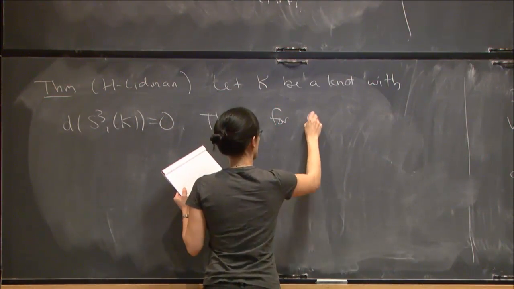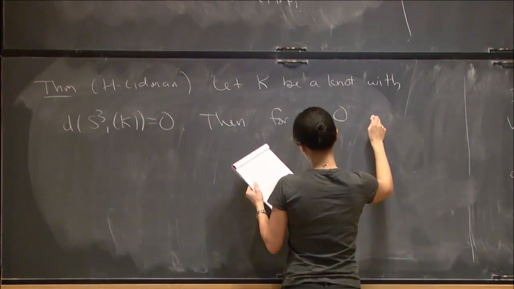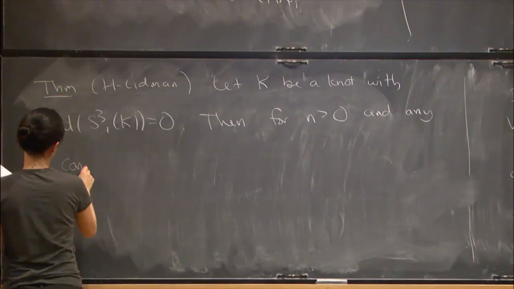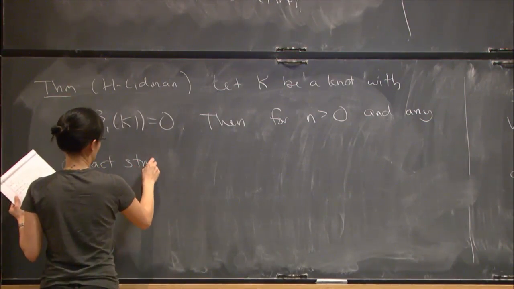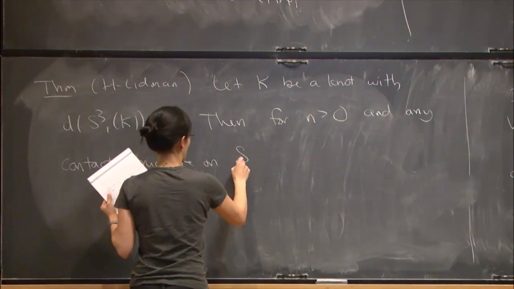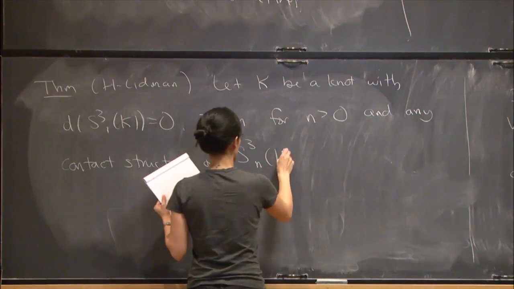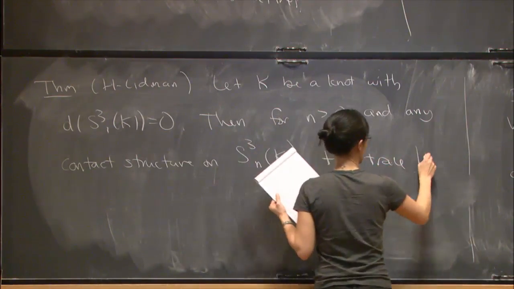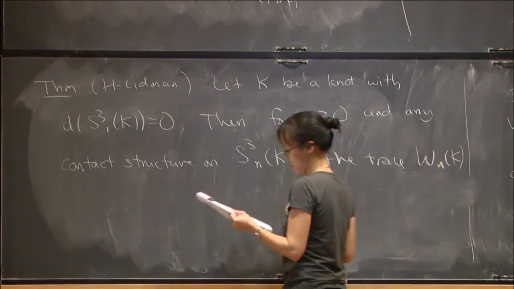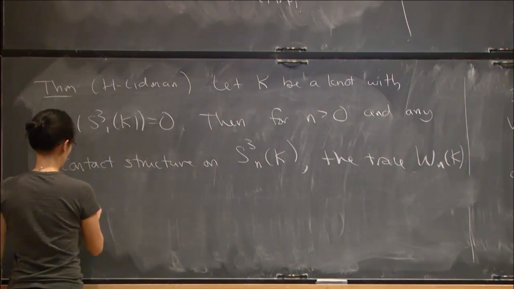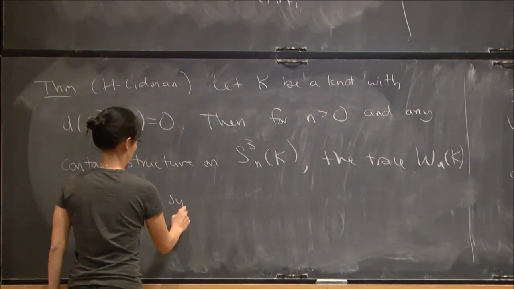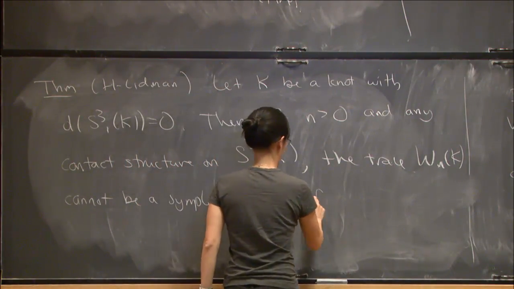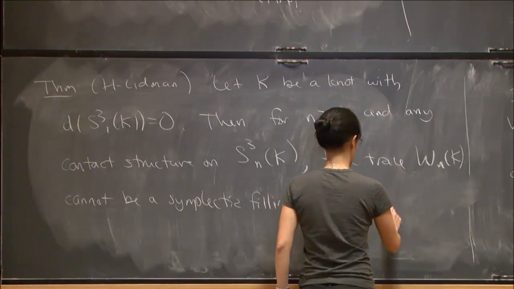Then, for n bigger than 0, and any contact structure on the surgery, the trace cannot be a symplectic filling for your surgery.